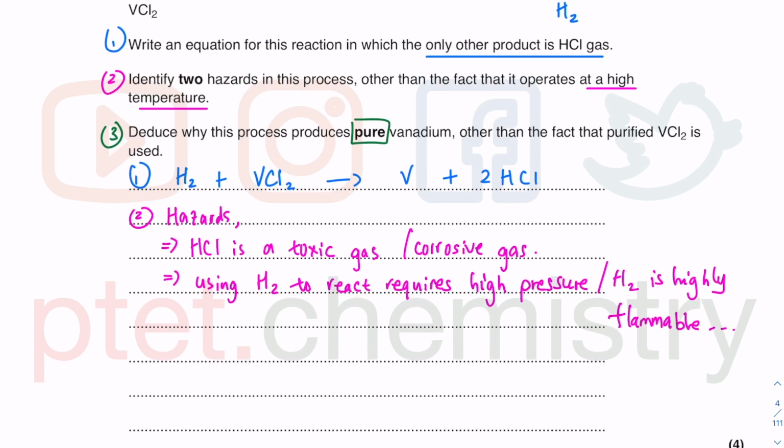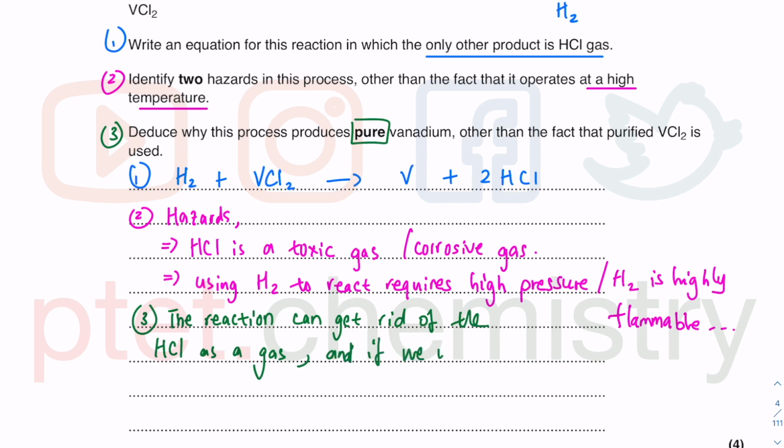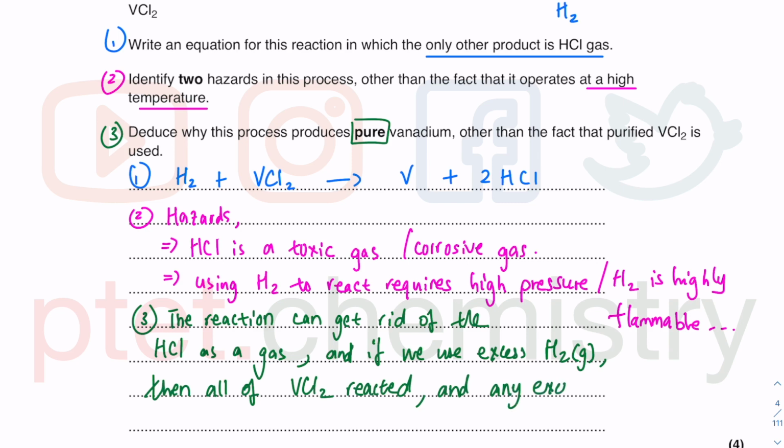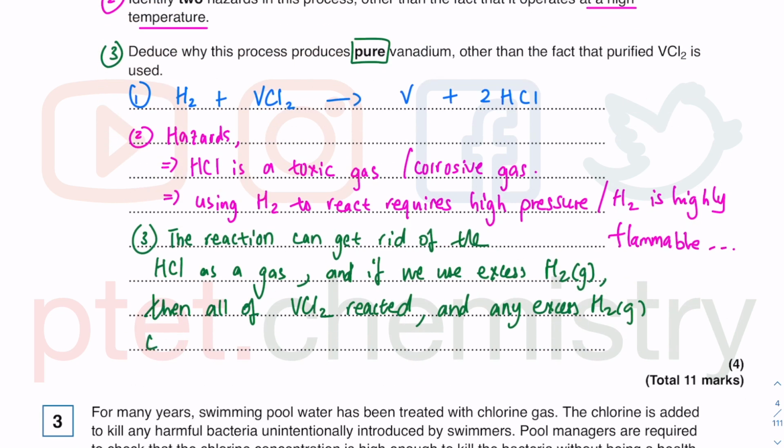Well, because HCl will come off as a gas, so the reaction can get rid of the HCl as a gas, and if we use excess H2 gas, then all of the VCl2 reacted, and any excess H2 gas can just be vaporized away.